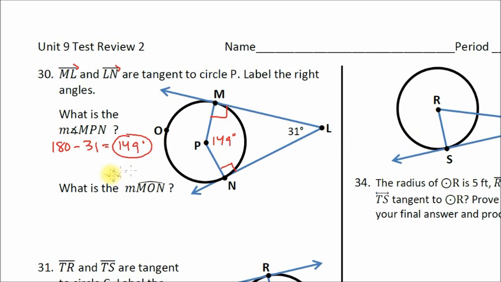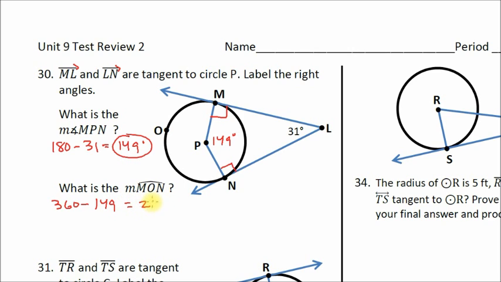So that means this angle has to be 149 degrees. And then the next question is, what is the measure of arc MON? Well, for MON, you have to go counterclockwise. You can't go MN because there's no O in between. So that's the measure of this arc right here. Well, we know that the measure of the entire circle is 360 degrees. So in order to find this arc measure, we take 360 and subtract the angle 149.